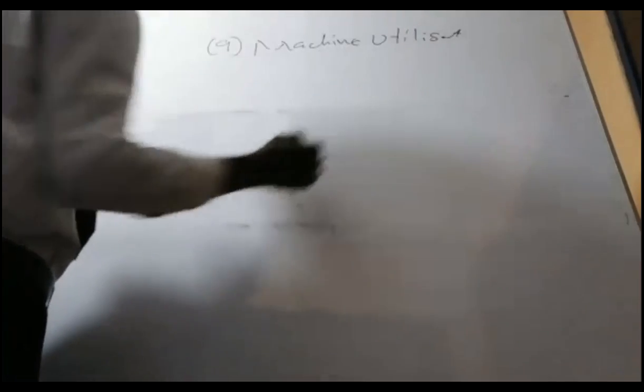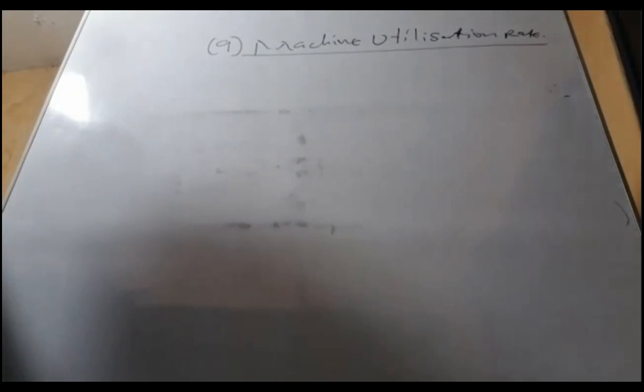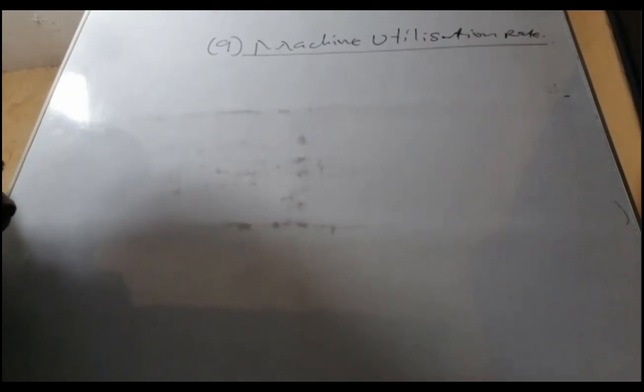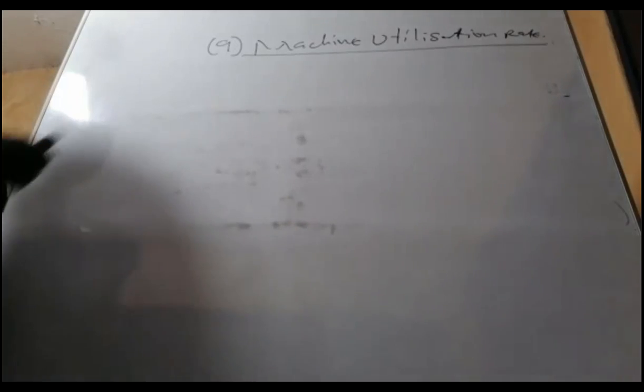So part A, machine utilization rate. As usual, as we did for the last question, we will start by writing the product.